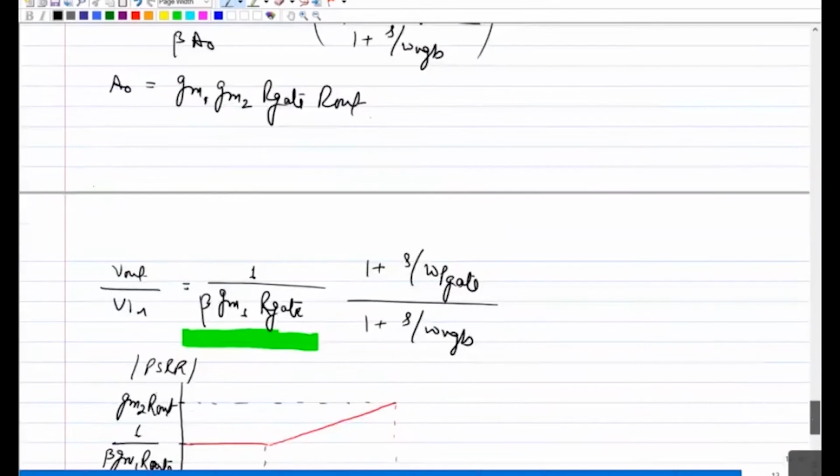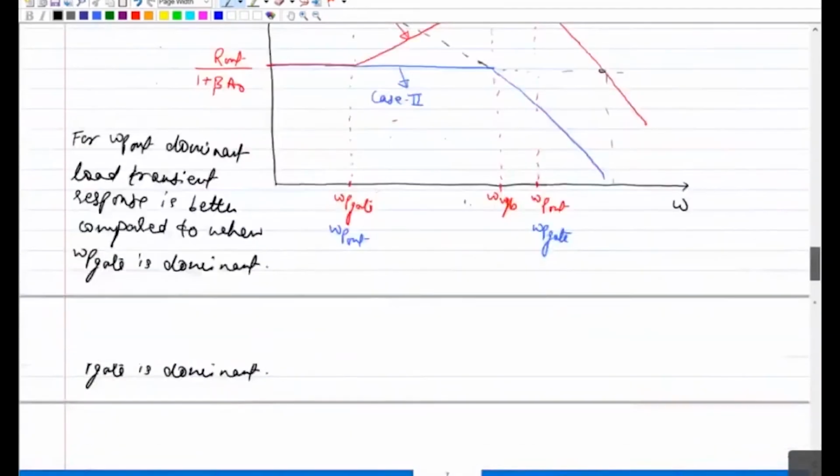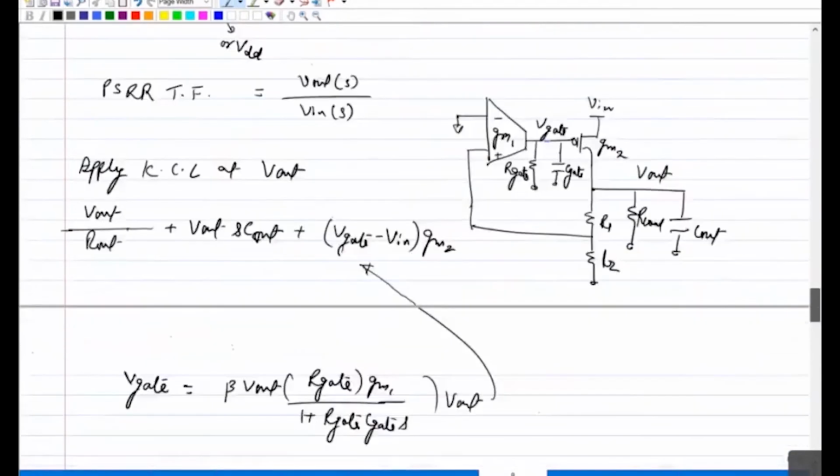Okay. So now if you want to look at it intuitively, what happens if you short the gate and apply a signal at V in? What will be the small signal output gain? It's a common gate circuit, so your gain will be nothing but GM2 R out, correct?